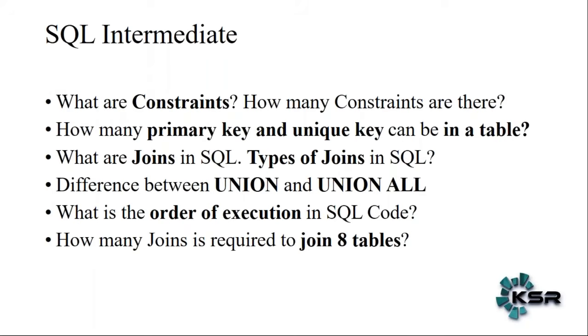Now whenever you explain joins, my request is to try to explain with an example. Suppose I was a candidate giving an interview, I'll take an example of customer and I'll take order as a second table. Now if I want to see the records of who has actually purchased, I will go with the inner join. So what will inner join do?